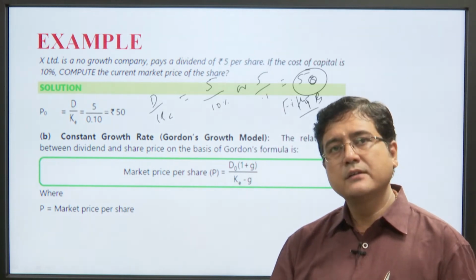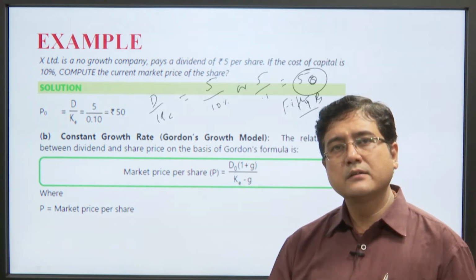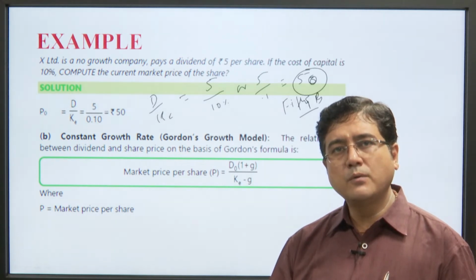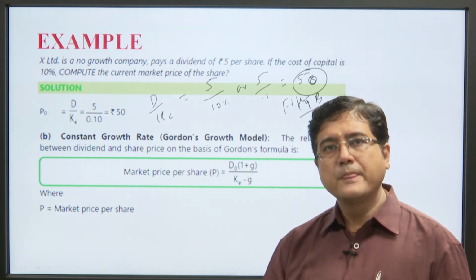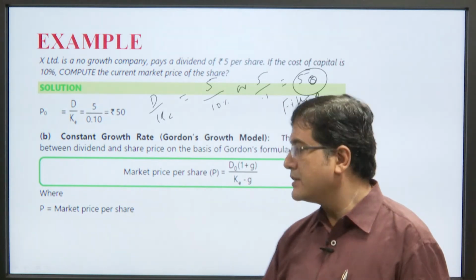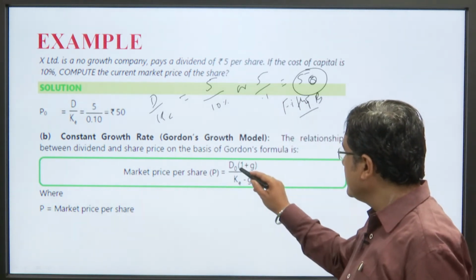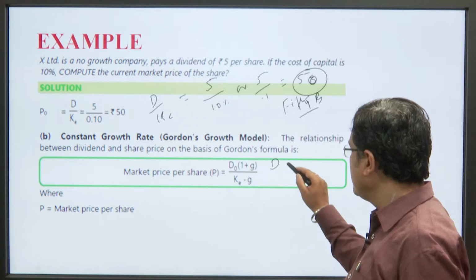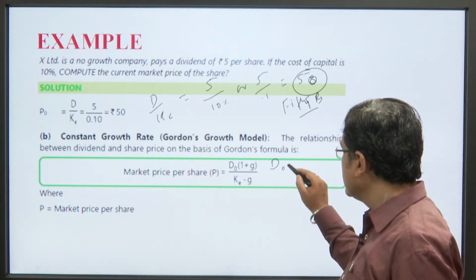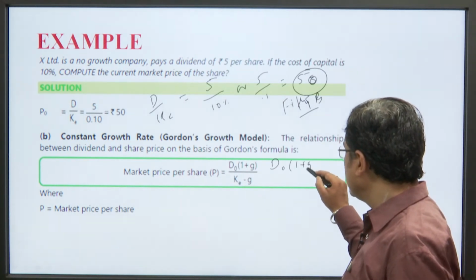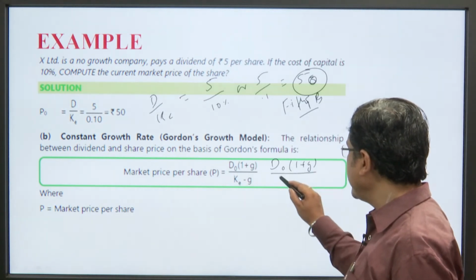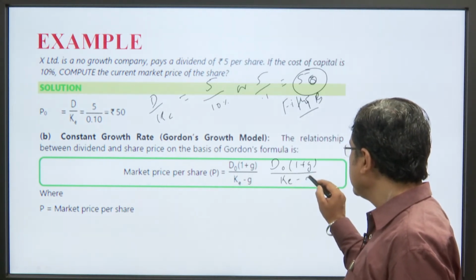And here we can use the formula: D1 plus g, that is D(1 plus g), divided by KE minus g.